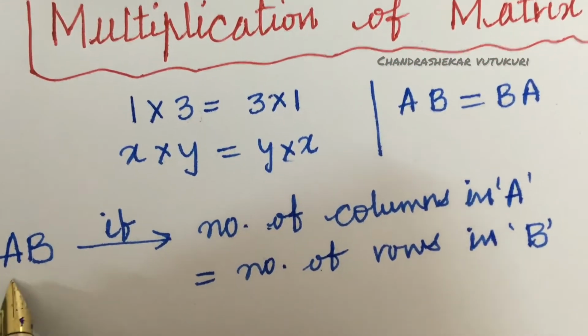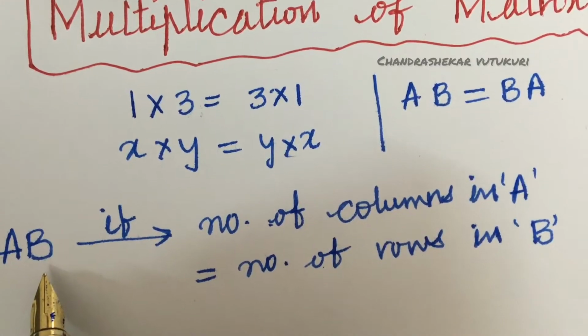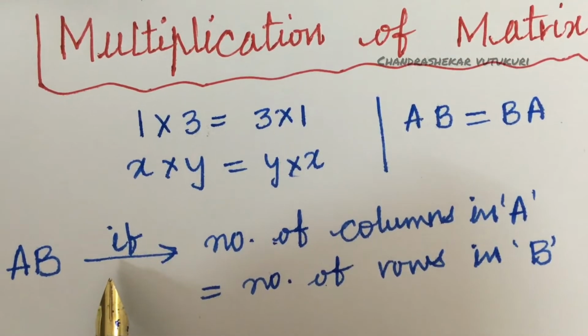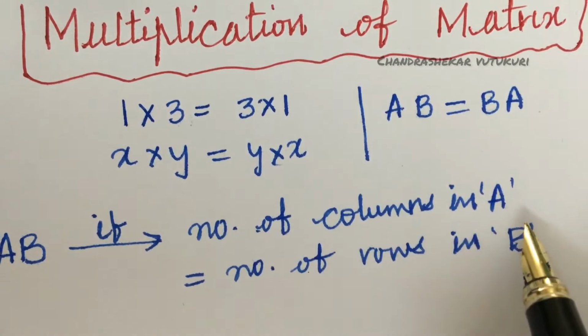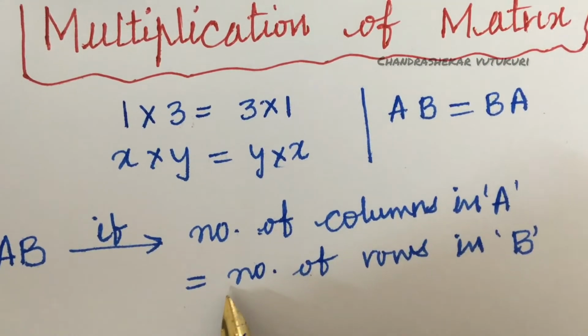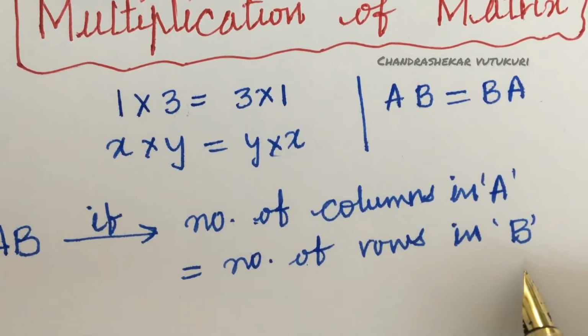If matrix A and matrix B are given and you are supposed to multiply these two matrices, then the condition is that the number of columns in matrix A should be equal to the number of rows in matrix B.